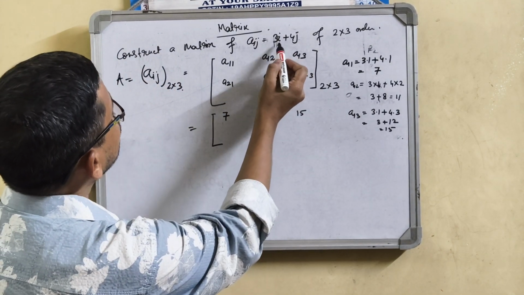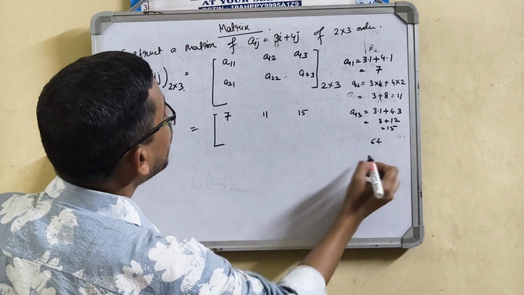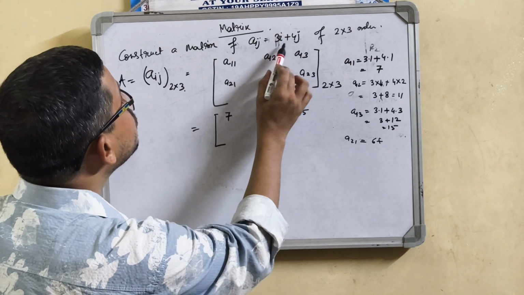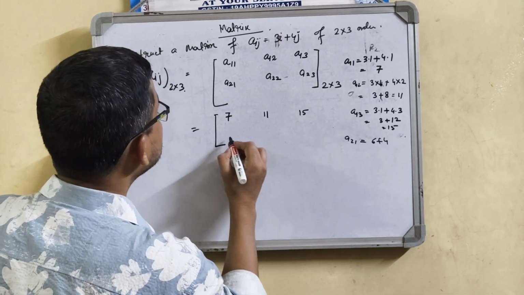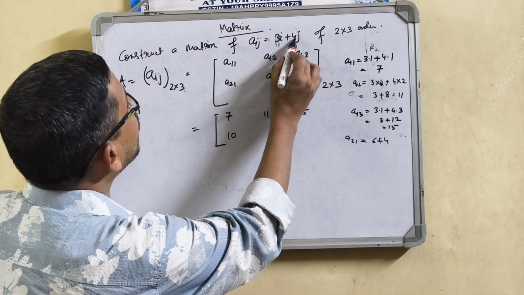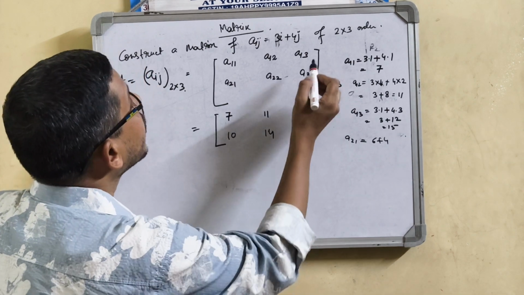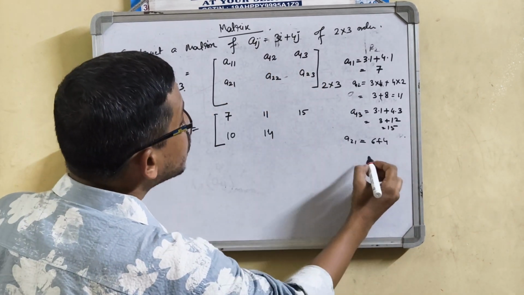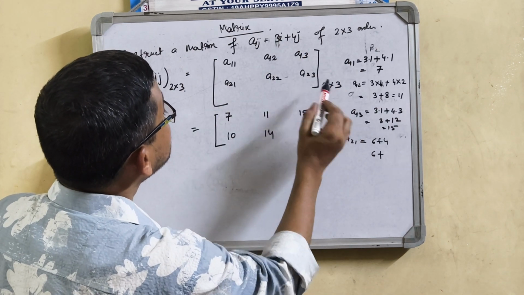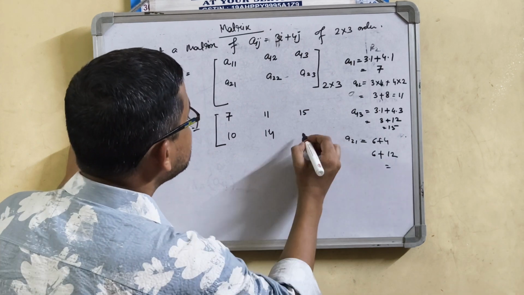A21. Here i equal to 2, so 3 into 2 is 6, plus 4 into 1 is 4, that is equal to 10. A22 is 3 into 2 is 6 plus 4 into 2 is 8, equal to 14. A23 is 3 into 2 is 6 plus 4 into 3 is 12, equal to 18.